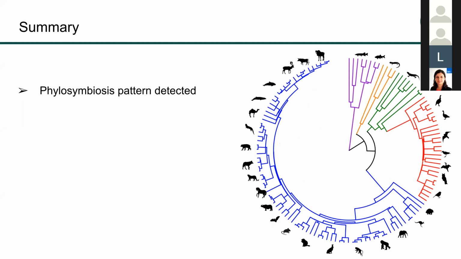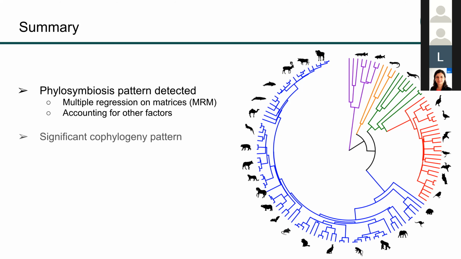So in summary, we did detect a phylosymbiosis pattern, and that was mainly using multiple regression on matrices. And that did account for other factors. So it really does appear to be a true association, at least based on the metadata that we were able to collect. We did also see a significant cophylogeny pattern, with the PACO approach, and it was interestingly strongest for mammals and weakest for reef fish.